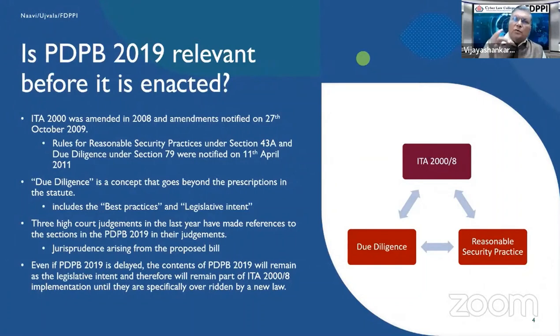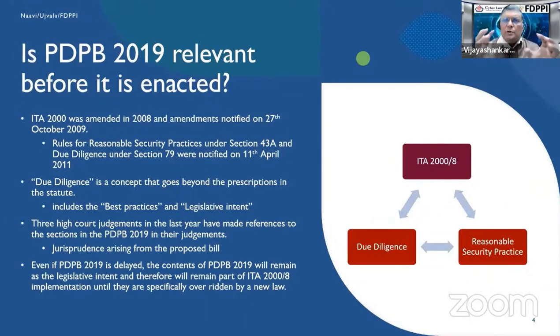Now here we need to understand that India has a law called the Information Technology Act, which was passed first in 2000 and then subsequently amended substantially in the year 2008. The amendments were brought into force in 2009, and certain key notifications were made on 11th April 2011, one of which was the notification regarding the rules on reasonable security practices to be followed under section 43A, as well as due diligence under section 79.